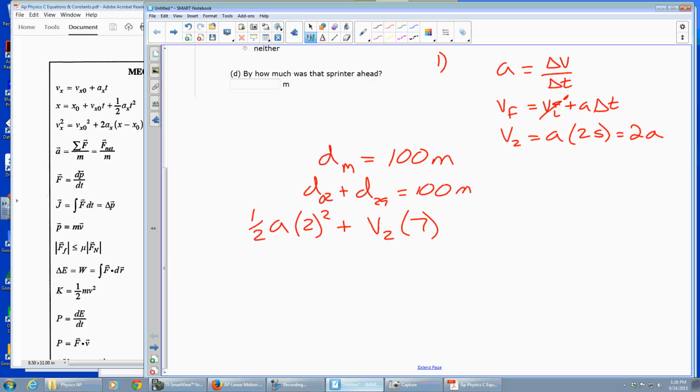No acceleration, so that equals 100 meters. Now we can substitute our 2a. So we're going to have 1/2 a times 4 plus 2a times 7 equals 100 meters.